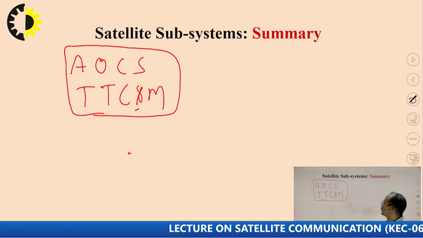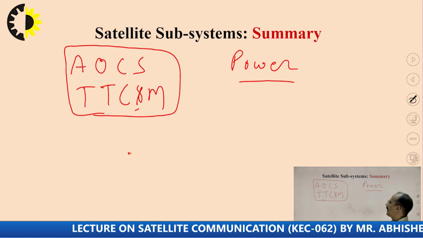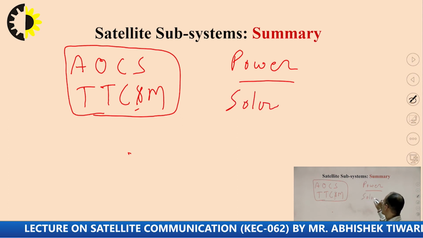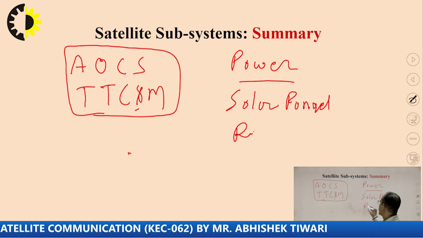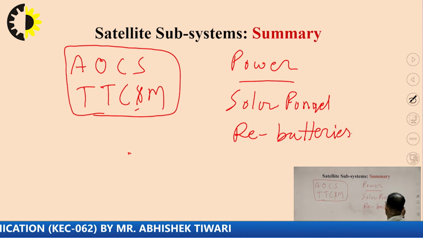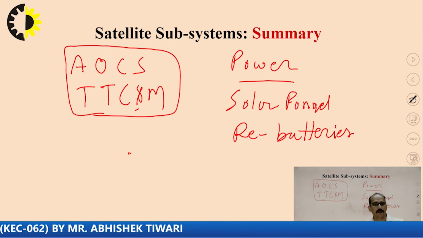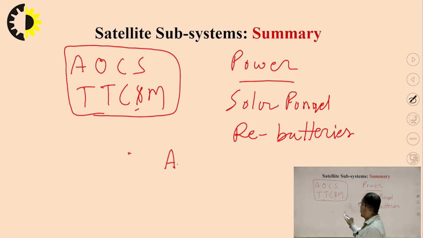Then the second part is power. For power, you are using solar panels and rechargeable batteries. You are using only these things. Then the third part is antenna and transponder.